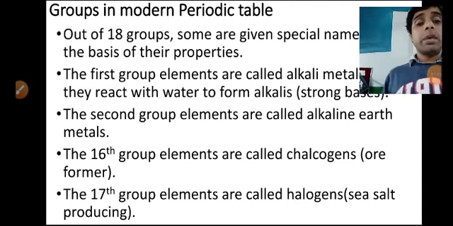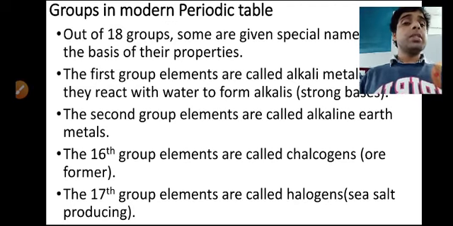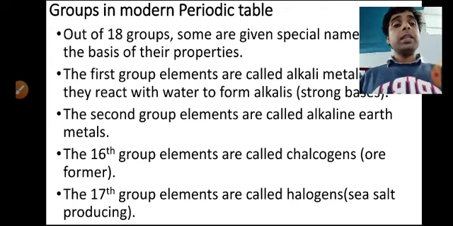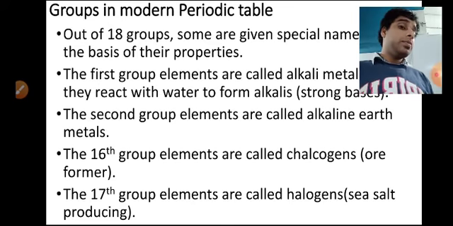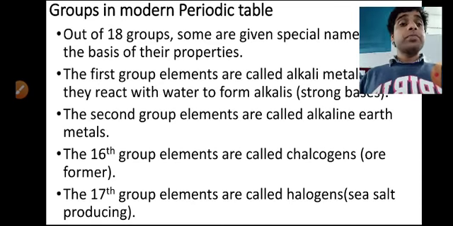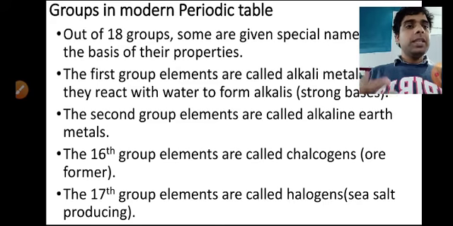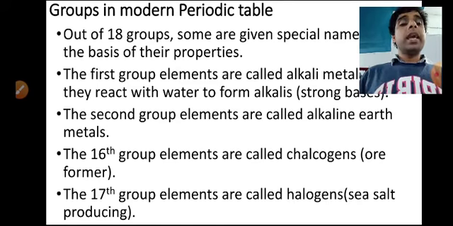Then the 17th group elements are called halogens. Halogens means chlorine, bromine, iodine. All these are anionic, accepting or gaining electrons, and they form salts.